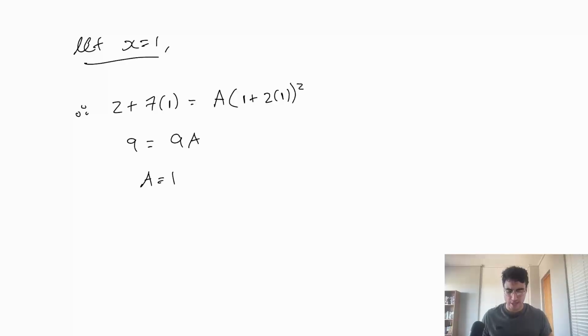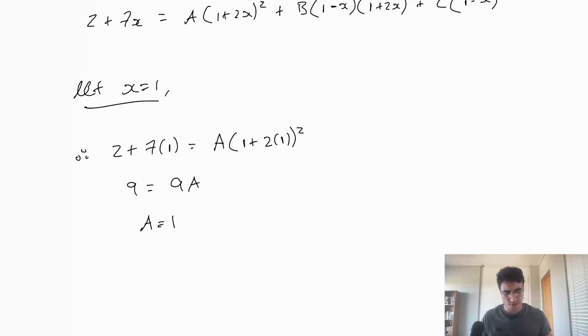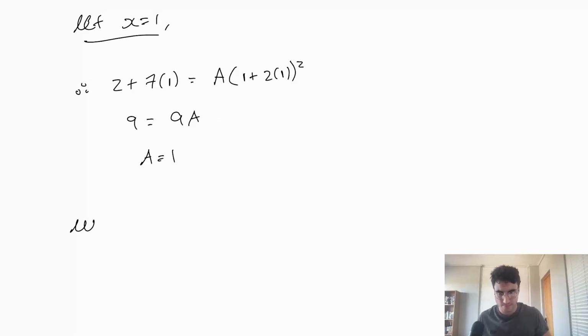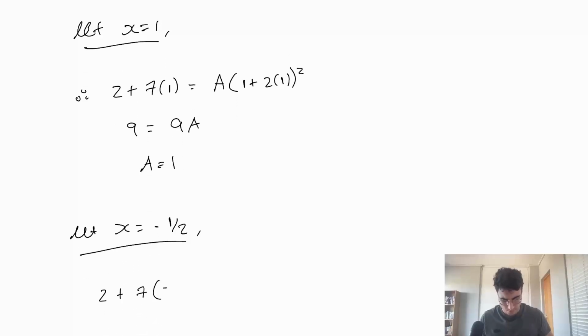Perfect. And the next thing here is we can do the same for 1 plus 2x, okay, because what does x need to be for 1 plus 2x to equal 0? x needs to equal negative half there, okay? So I'm going to say let x equal negative half. Okay, so therefore we have 2 plus 7 times negative half.